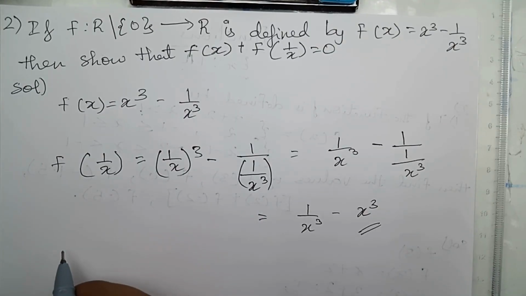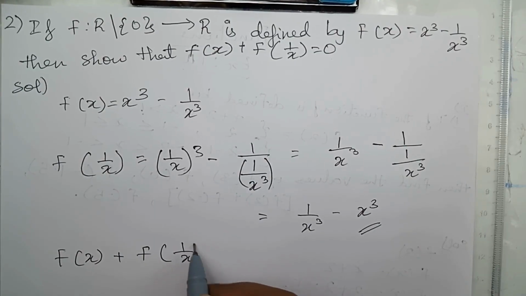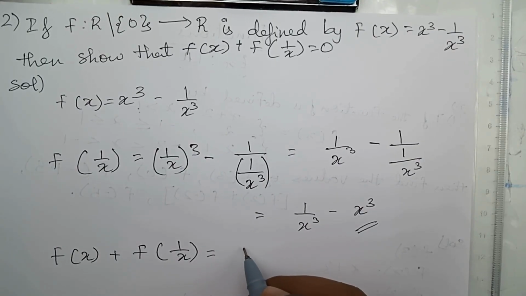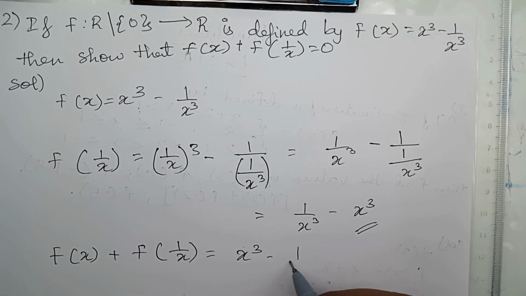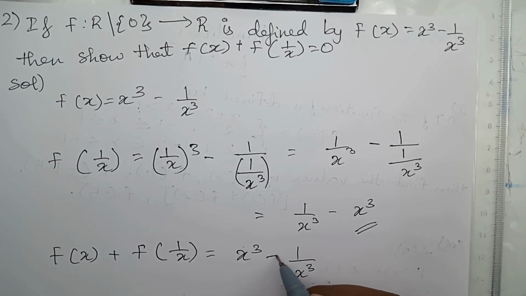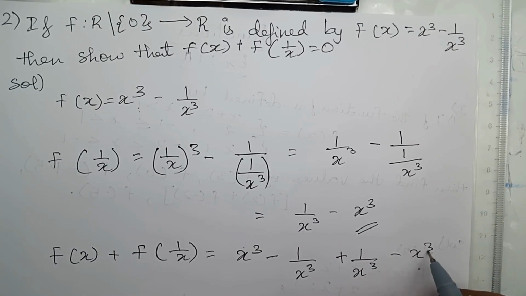We should now find out what is f of x plus f of 1 by x. Then here x cube minus 1 by x cube plus 1 by x cube minus x cube.